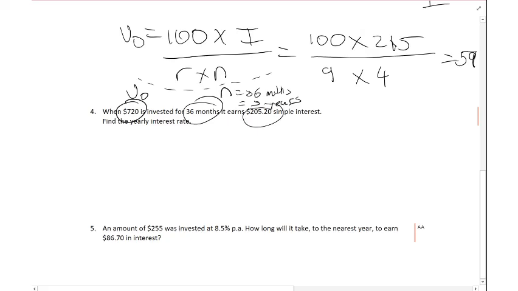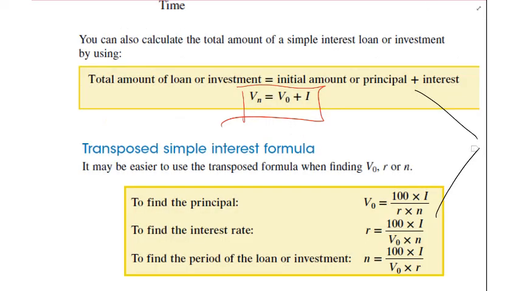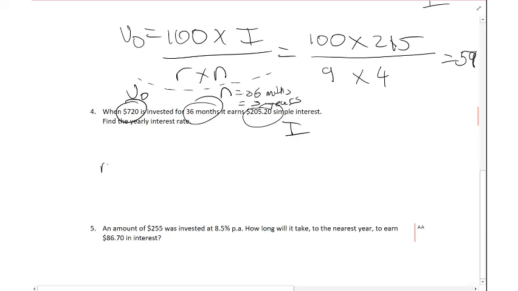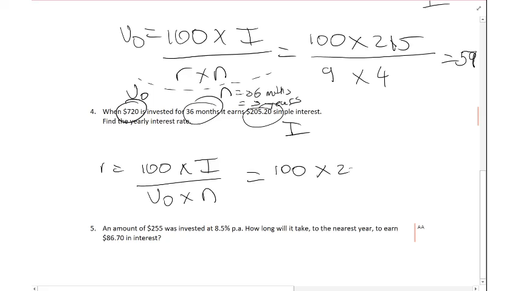And this is I. So again, R equals 100 times I over V0 times N. So 100 times 205.20 divided by V0, which was 720, times 3.